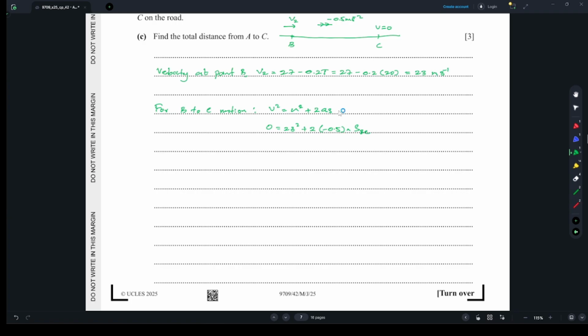So from this one I can write s B to C, the distance from B to C, is 23 square divided by minus, and then 2 times 0.5 is 1, which is 529 meters.